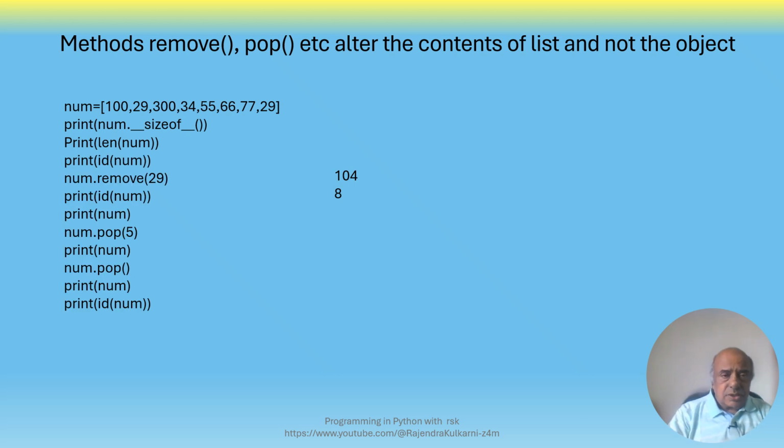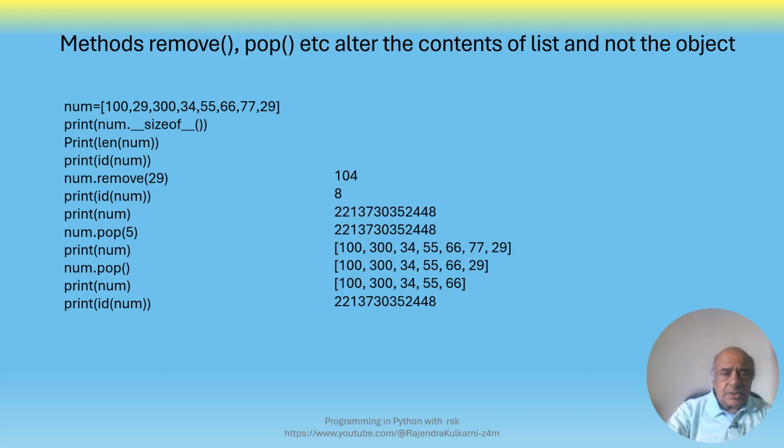Then we do all these: remove, pop, pop 5, pop without any index, and then print the list and print the ID of the list.